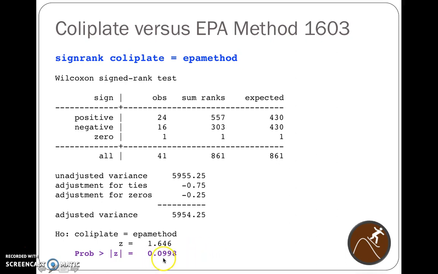So since 0.0998 is higher than 0.05, we would say there's no statistically significant difference. So there's no difference between group A and group B, or in this case, Coliplate and EPA method. These are statistically similar, but it's getting close, so they're almost different. But based on the signed rank test, no statistically significant difference.